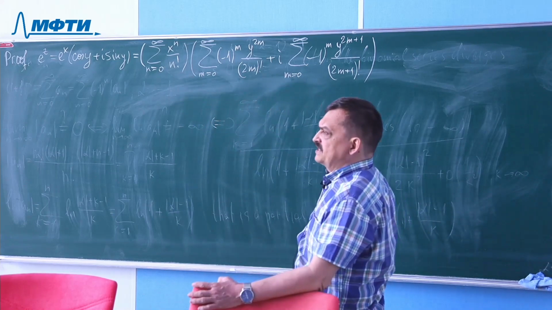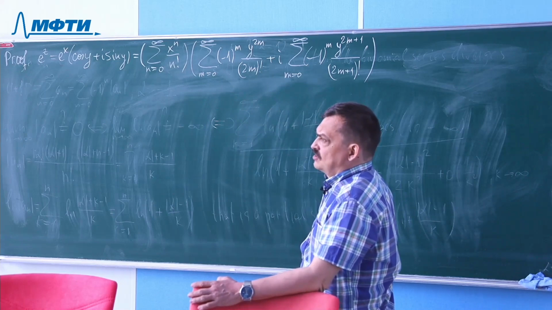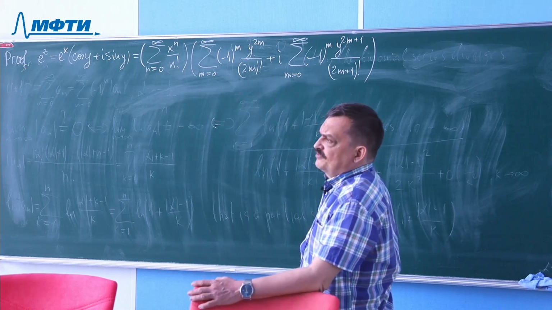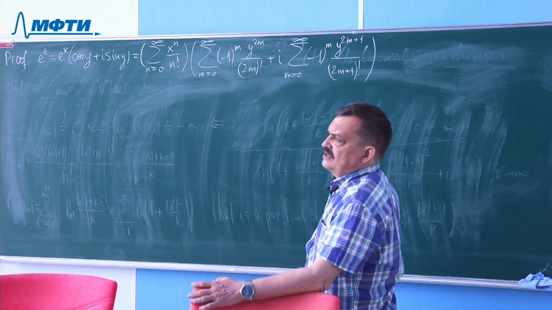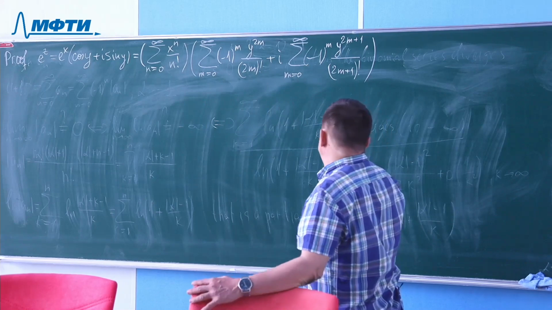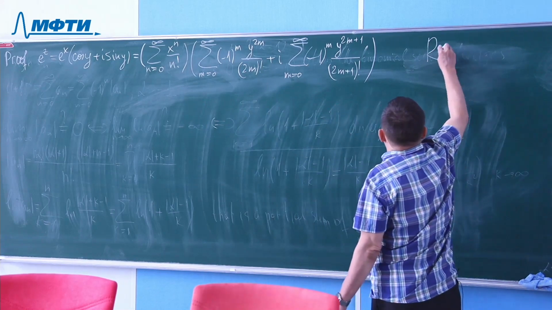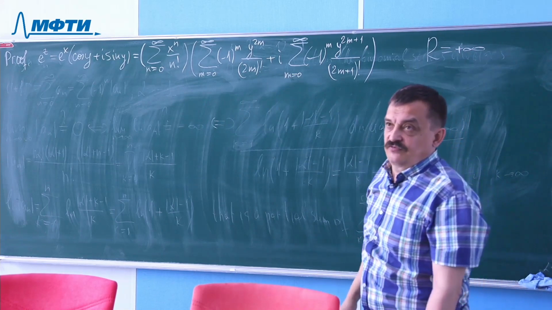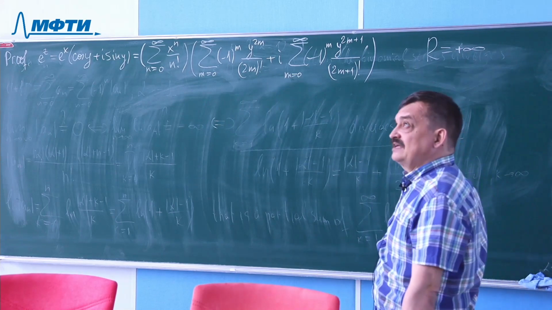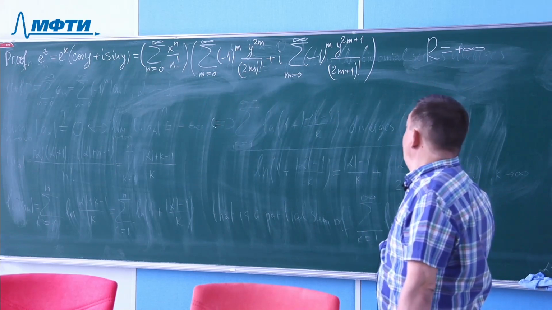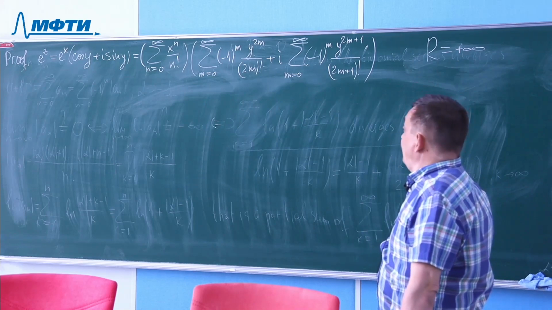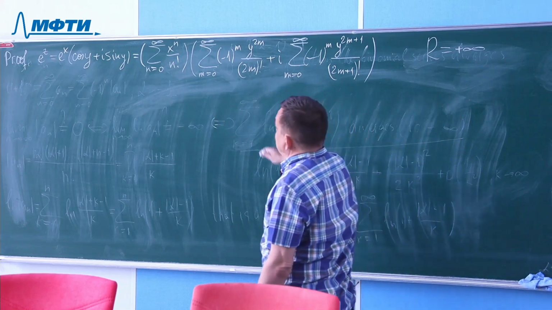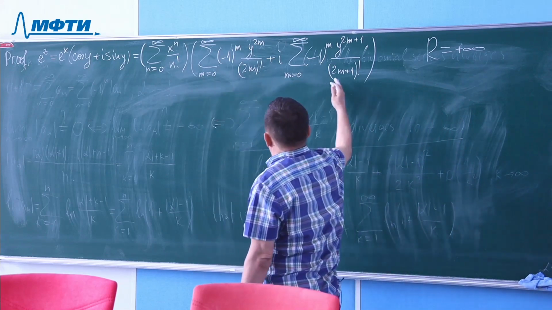All three series have infinite radii of convergence. So the radius of convergence is infinity for each of those three series. Hence, each of those series converges absolutely.